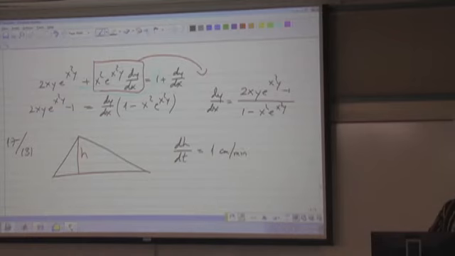While the area of the triangle is increasing at a rate of 2 centimeters squared per minute. At what rate is the base of the triangle changing when the altitude is 10 centimeters and the area is 100?